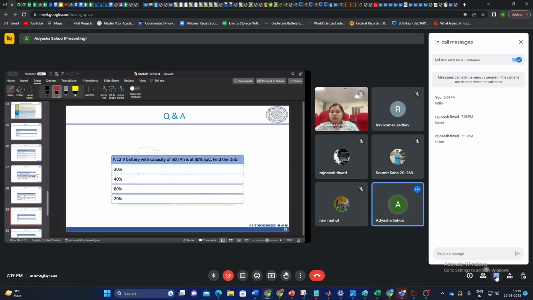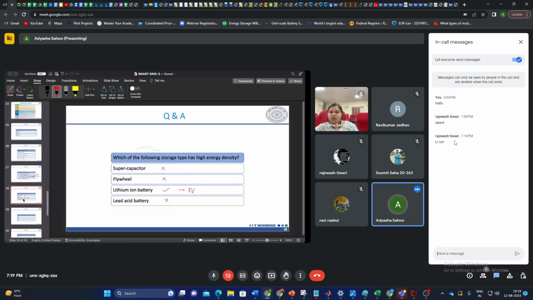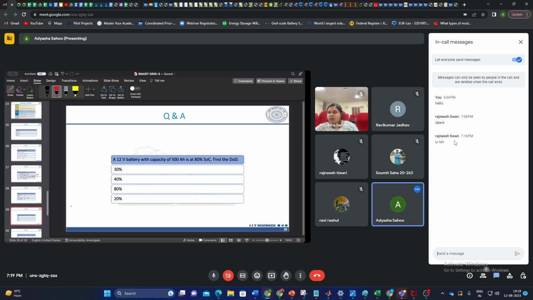Then a short numerical problem. Yeah, I think Rajneesh has answered it. Lithium ion. I'm sorry I couldn't acknowledge you. You were right in the previous one. Lithium ion batteries are of high energy density. Thank you, Rajni. Then the next question, a 12-volt battery with capacity of 500 ampere hours is at 80% SOC.